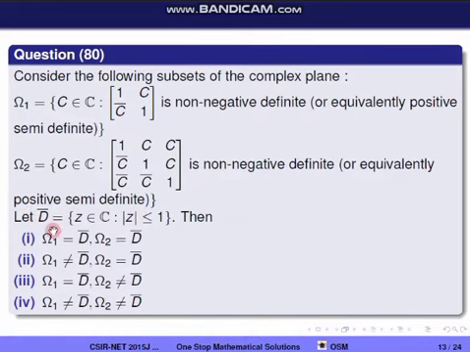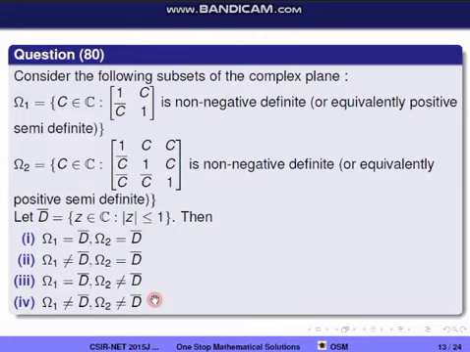Let D bar be equal to the set of z in C such that mod z is less than or equal to 1. So they have defined two sets omega 1 and omega 2. We have to check which of the options gives the correct equality for omega 1 and omega 2.